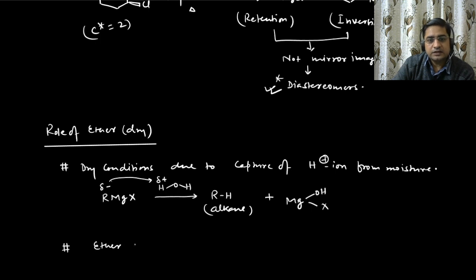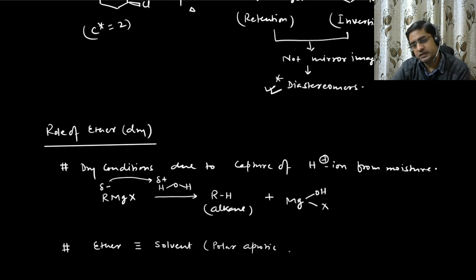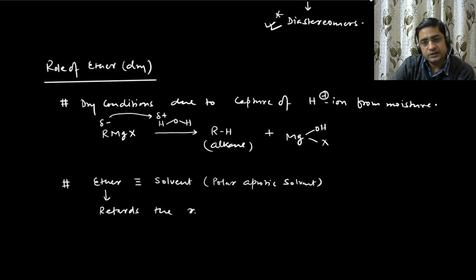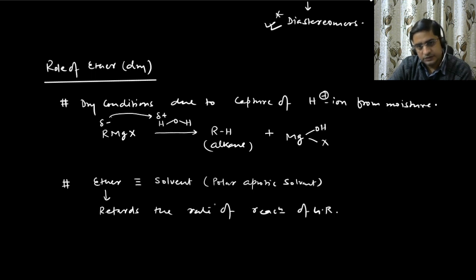Again, ether acts as a polar, aprotic solvent. Aprotic means it cannot release H plus ions. And it retards the rate of reaction of Grignard reagent.